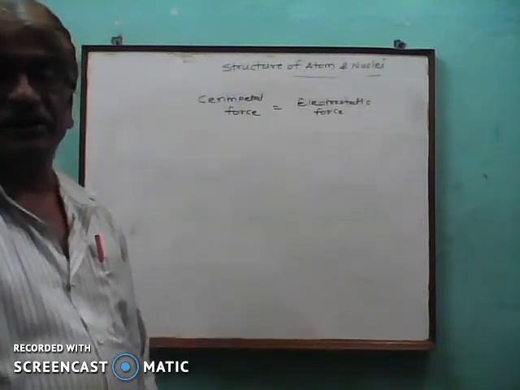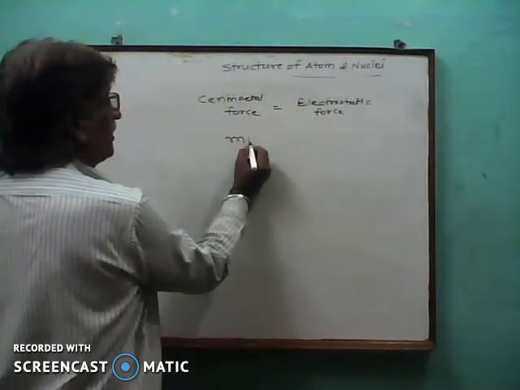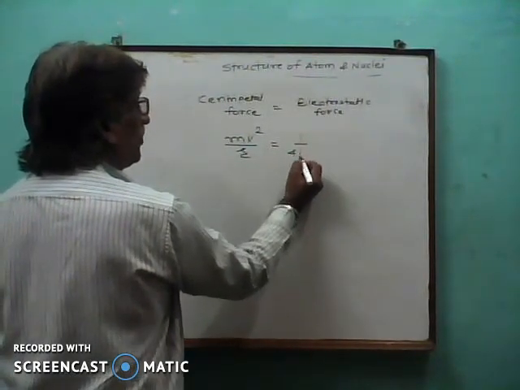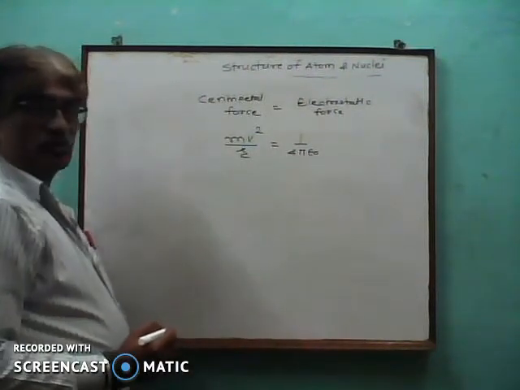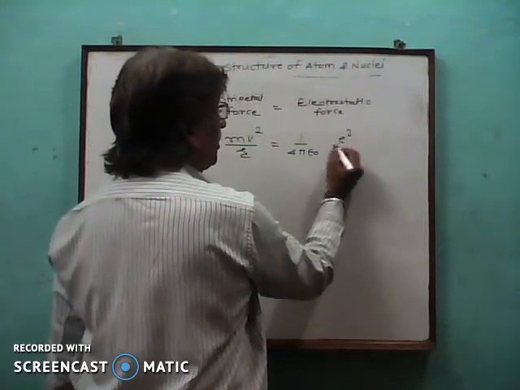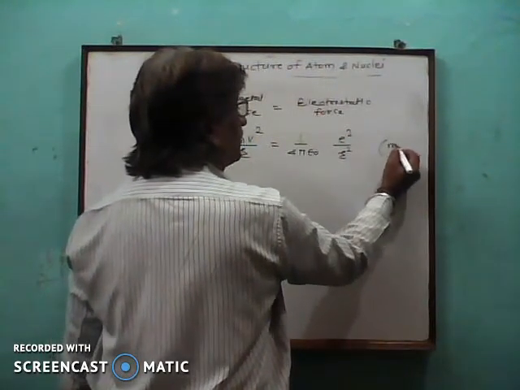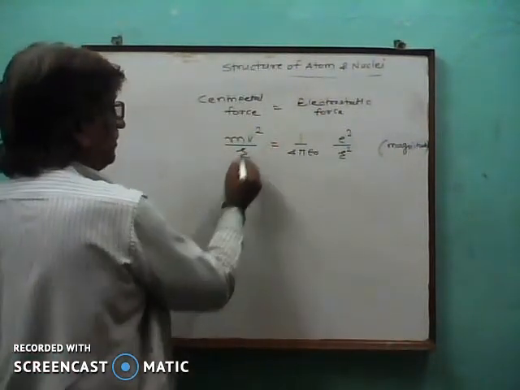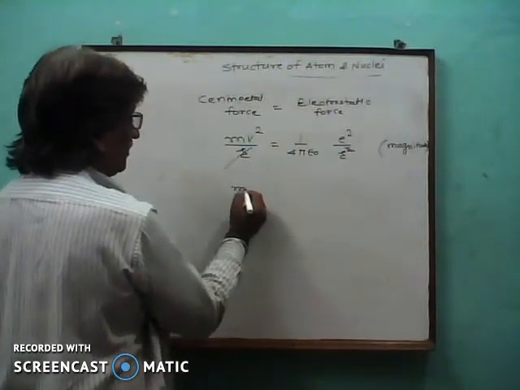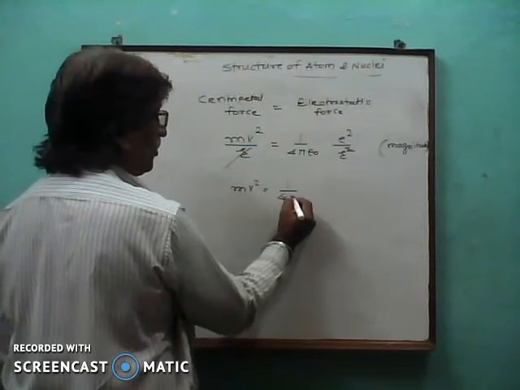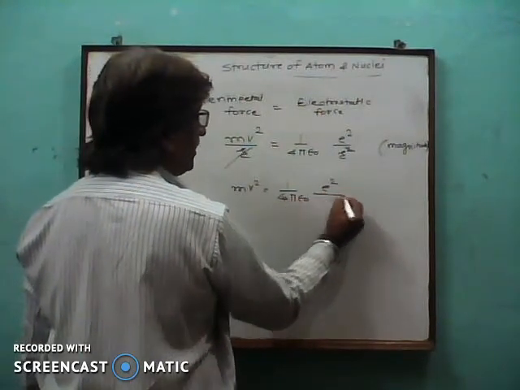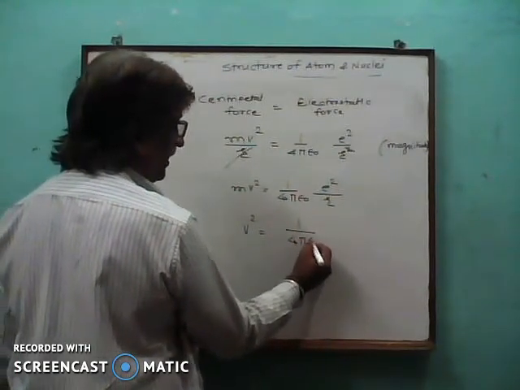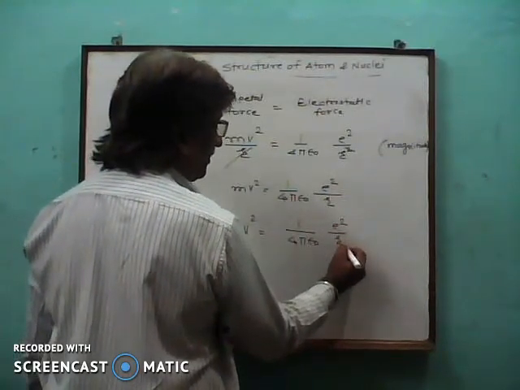We know the centripetal force is mv square upon r, which is equal to 1 upon 4 pi epsilon 0 into e square upon r square, according to Coulomb's law, taken in magnitude. So one r gets cancelled. Here mv square is equal to 1 upon 4 pi epsilon 0 into e square upon r, or we can take it as v square equal to 1 upon 4 pi epsilon 0 into e square upon m r.